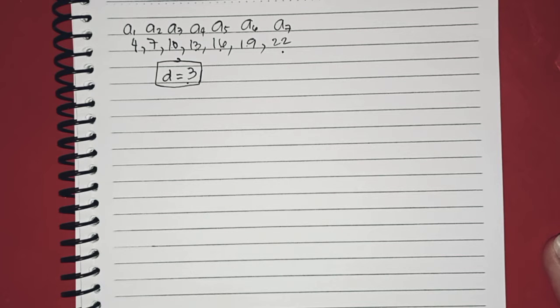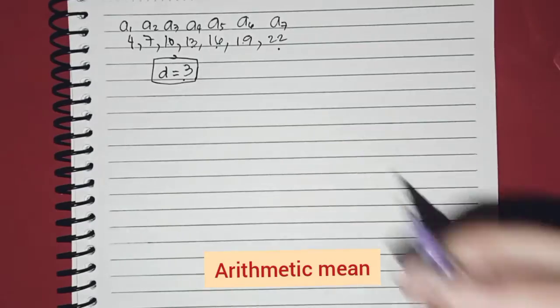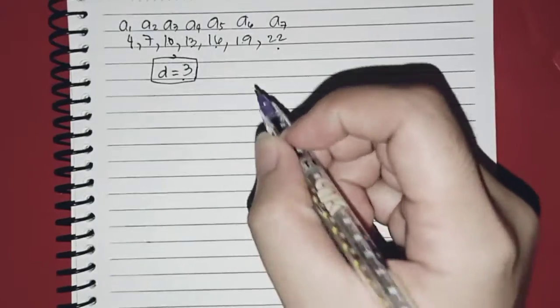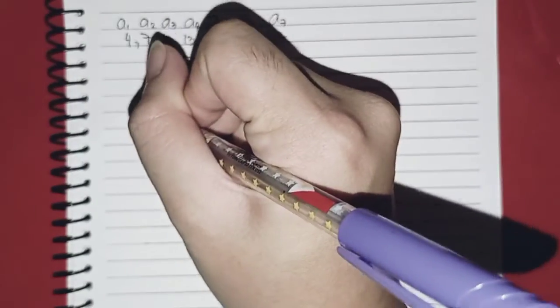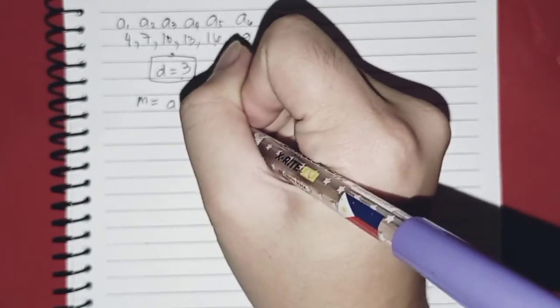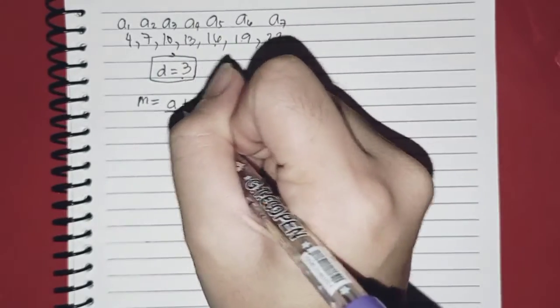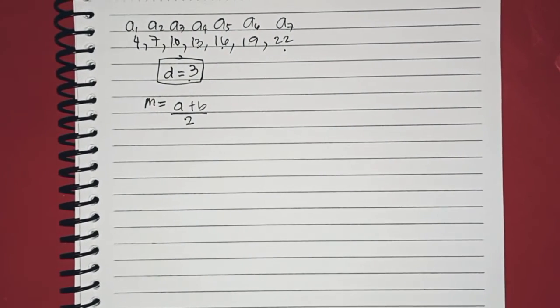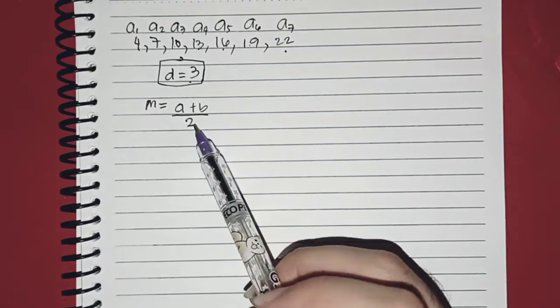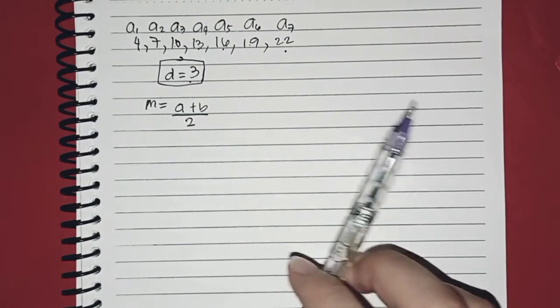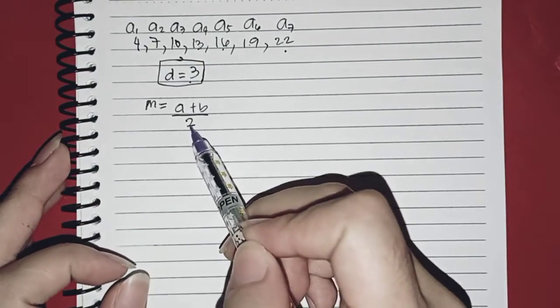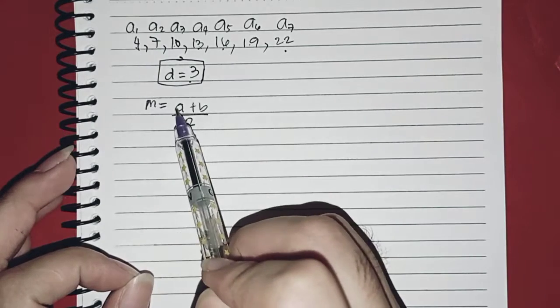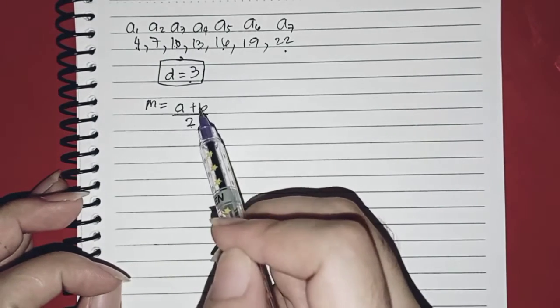Now let's proceed to calculating the arithmetic mean. We get that with the formula M is equal to a plus b divided by 2. To solve this one, we will be using 4 as our a here and then 10 as our b.